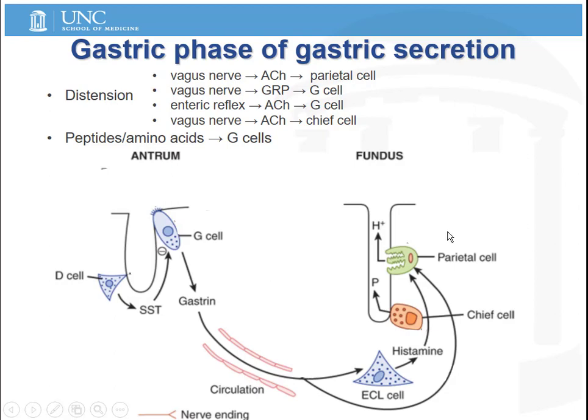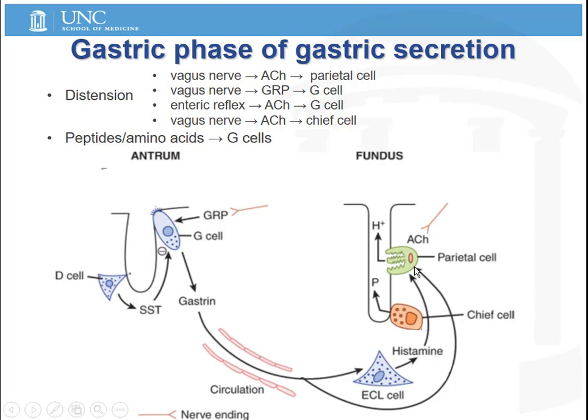And just as in the cephalic phase, there's acetylcholine that's released that acts directly on the parietal cells to stimulate acid secretion. And the vagovagal reflex also results in secretion of GRP, which causes gastrin to enter the circulation. And that gastrin acts on the ECL cells as well as the parietal cells.